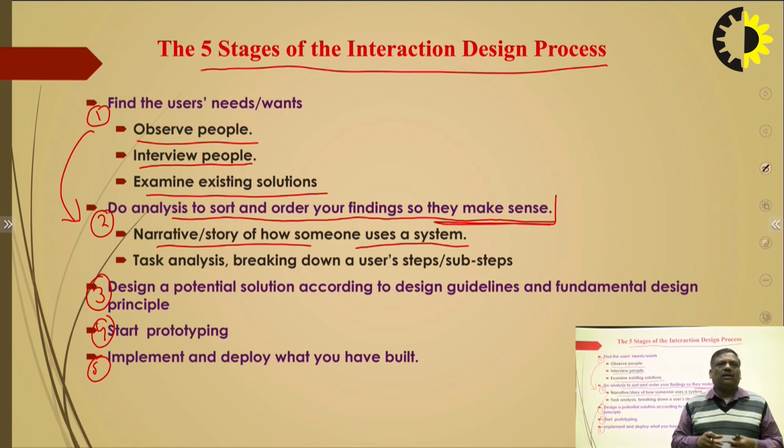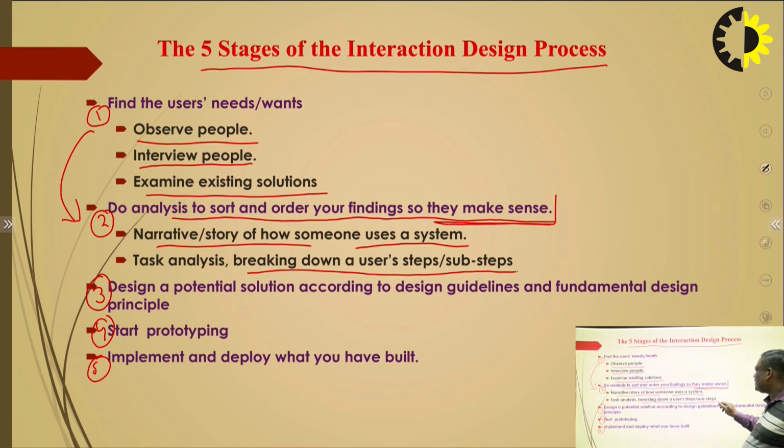Suppose that I go to the bank and withdraw some money. So with the help of online transaction, we go to our account and withdraw something. So this type of interaction we need. So analyze it, narrate a story, then break down the whole process into subsystems, into sub steps.